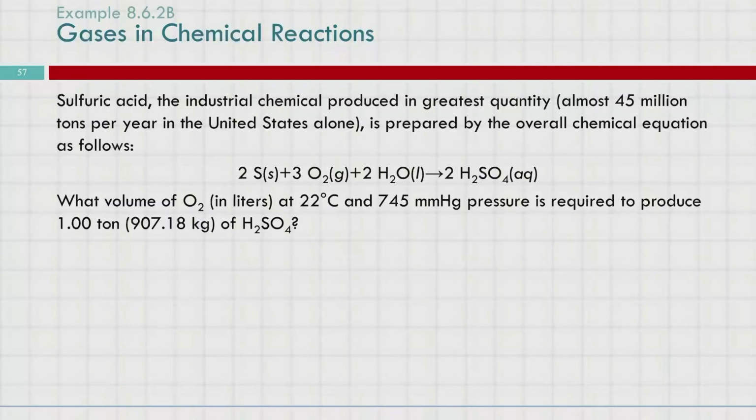That being said, this is a reaction used to prepare sulfuric acid, H2SO4. So we want to know what volume of oxygen in liters, how many liters of oxygen gas under these conditions, 22 degrees Celsius, 745 millimeters of mercury pressure, is required to produce 1 ton of sulfuric acid.